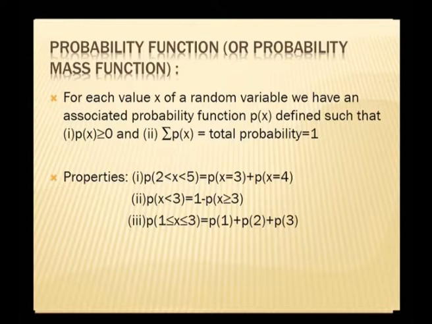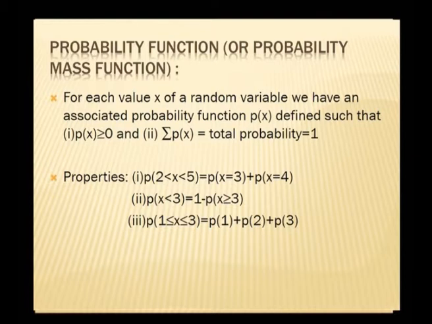So, for each value x of the random variable we have an associated probability function p of x. You say this p of x is a probability function if it satisfies the following 2 simple properties. First one, p of x is greater than or equal to 0.